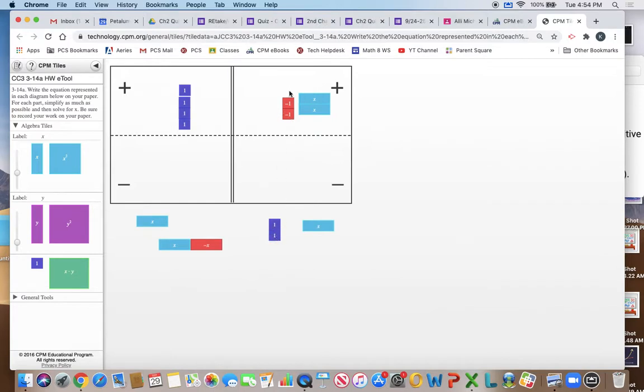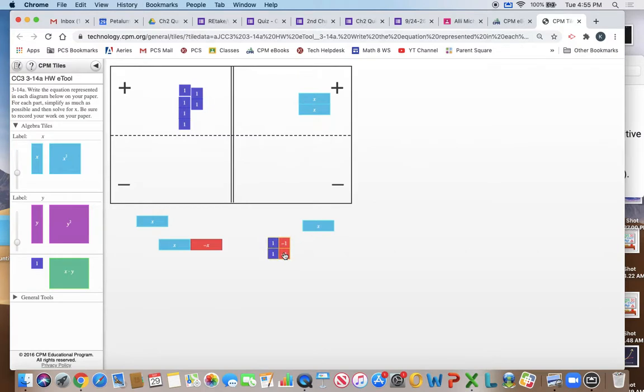And whatever we do on this side, we also have to do on this side. So I'm going to get 2 positive 1s over here also. And so now we'll take these and add them up here. And we can make zeros out of this. So let's go ahead and do that and pull that off.